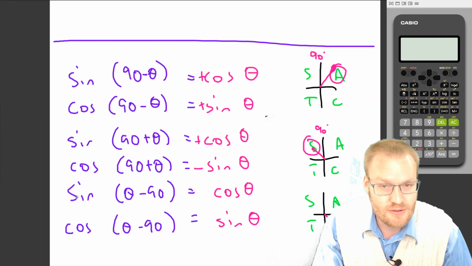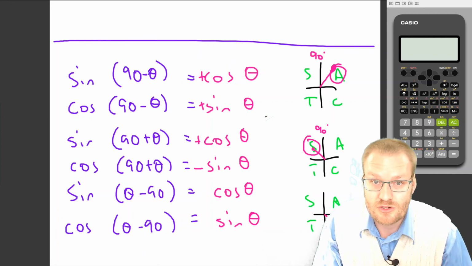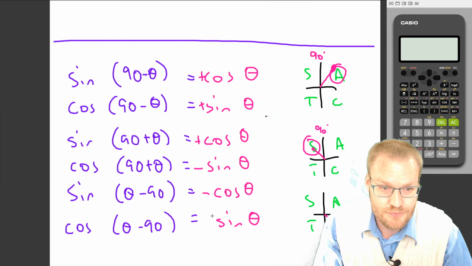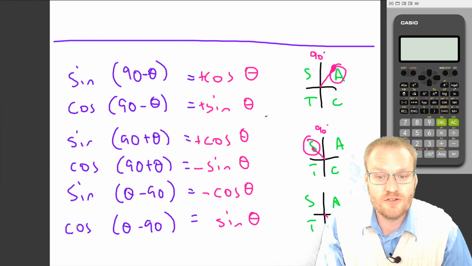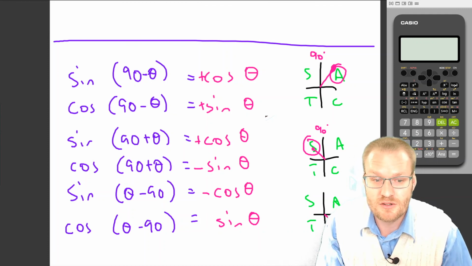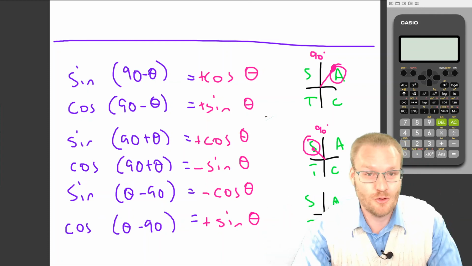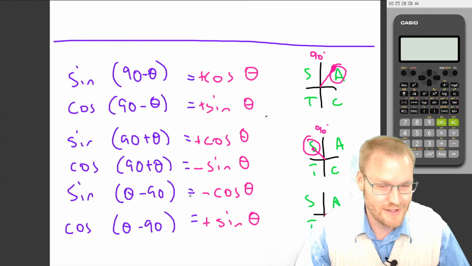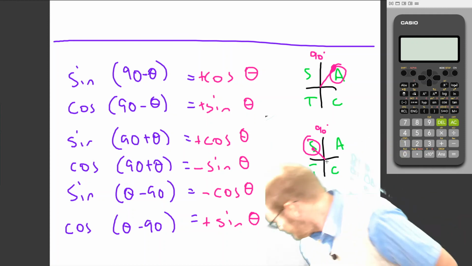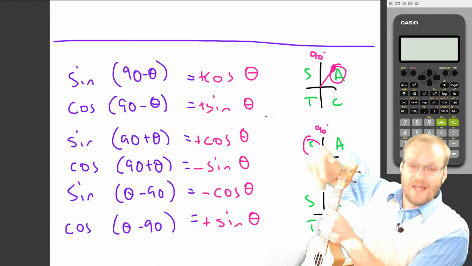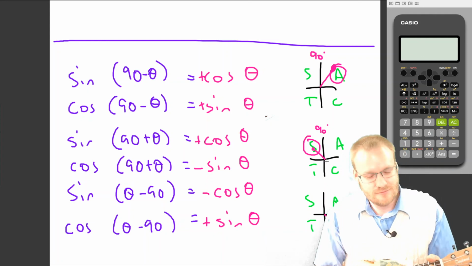Is sine positive or negative in the fourth quadrant? It's negative. Is cos positive or negative in the fourth quadrant? It's positive. Done. So there it was. And the last bit, after all that explanation, I think that explains it all okay. So, that's that.